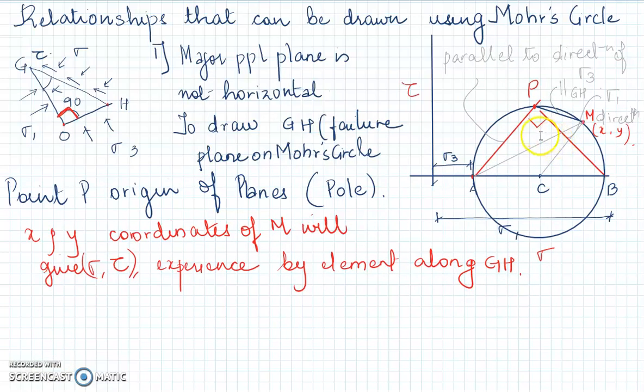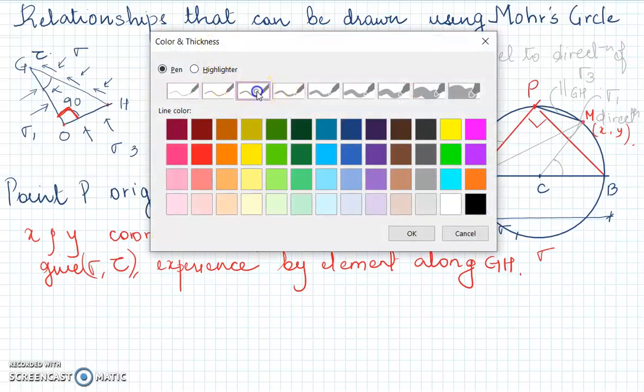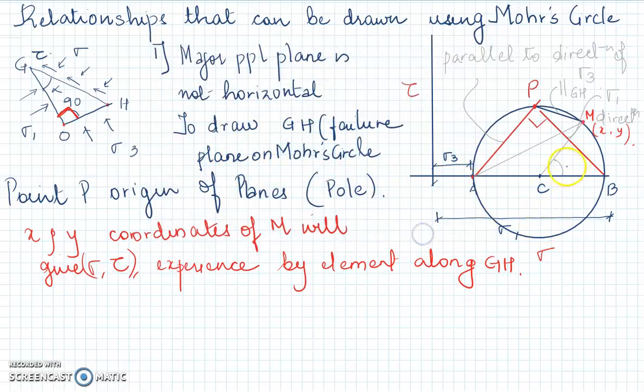Now look at these two grey lines that are drawn. When I join M with the center of the circle, the angle subtended here is 2 times alpha. What is alpha? Alpha is the angle made by the failure plane with the major principal stress.